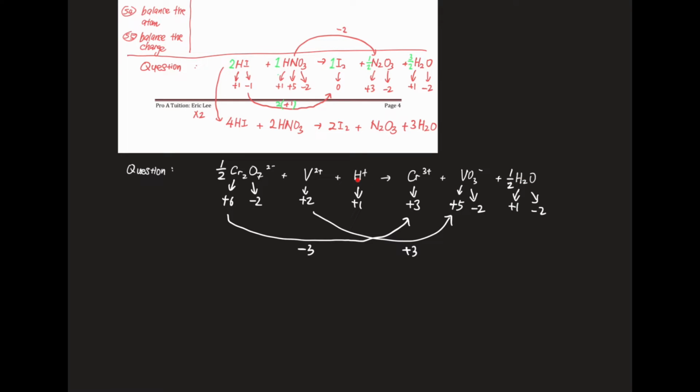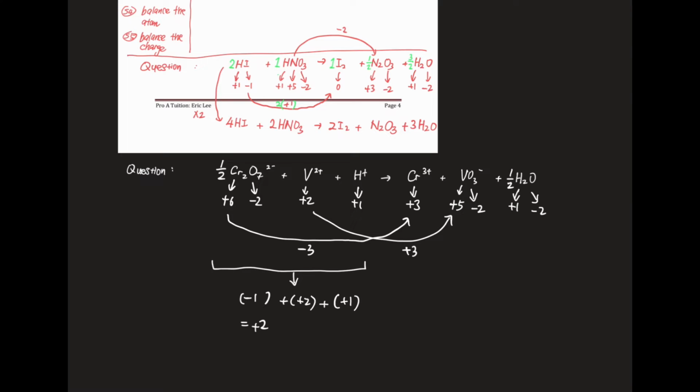So the atoms are fine, it is balanced. Now let's check the charge. We check the total charge on the left. We have half times 2 minus, which is negative 1. The V2 plus we have plus 2. Then the hydrogen we have plus 1. So the overall charge on the left is 2.